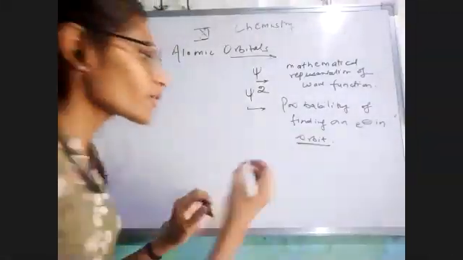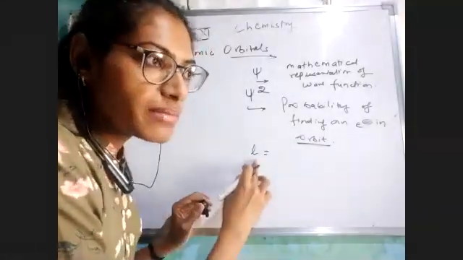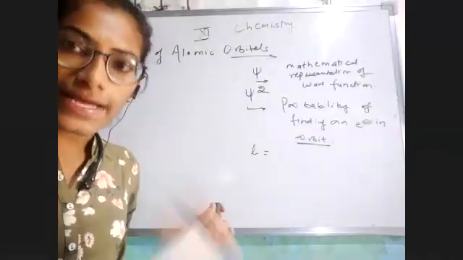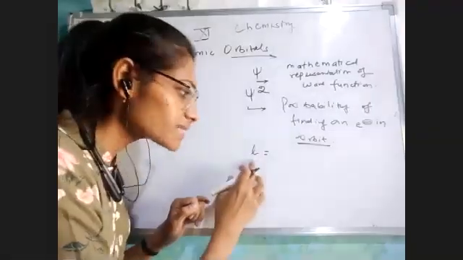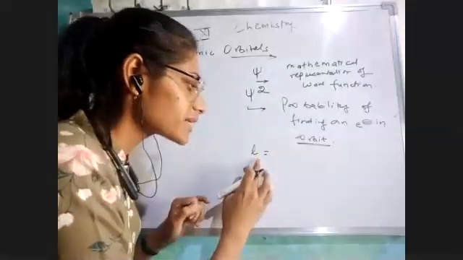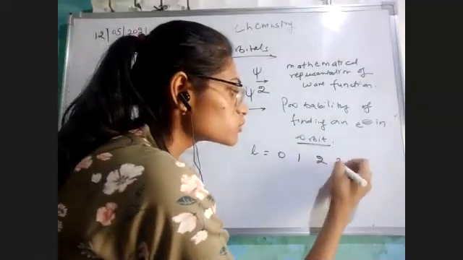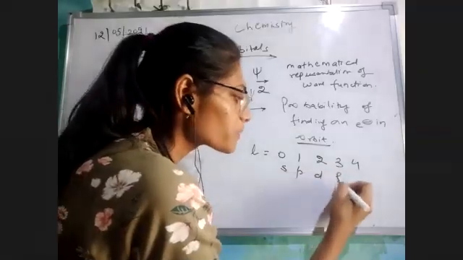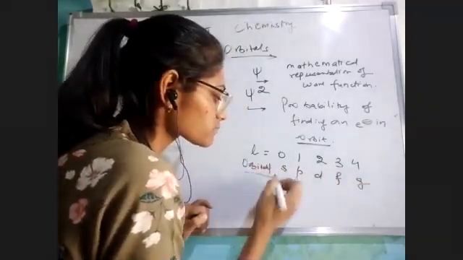And you know very well that we have studied, on the basis of our quantum number, the subsidiary quantum number or azimuthal quantum number, that if we represent L as 0, 1, 2, 3, 4, then we represent our atomic orbitals as s, p, d, f, and g.